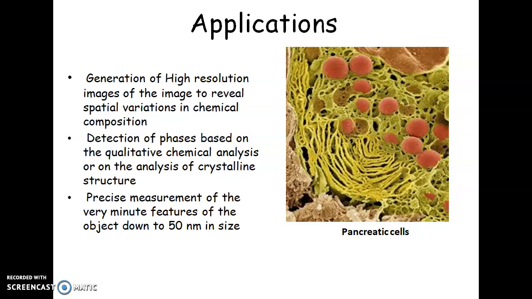Then the third one is the precise measurement of very minute features of the object down to 50 nanometer in size. That means we are able to identify minute features of samples having a size below 50 nanometer.